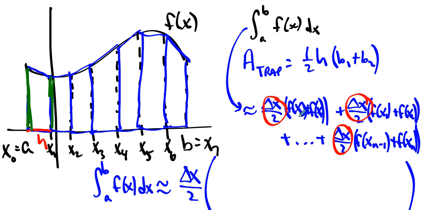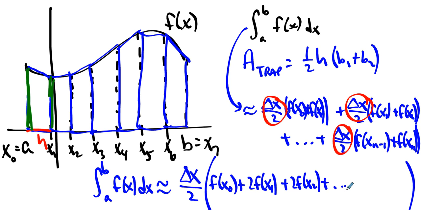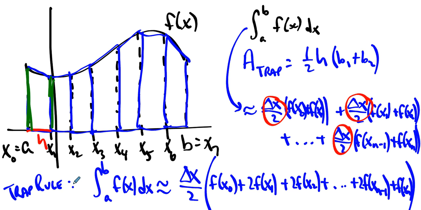And then there's an f of x0, there's an f of x1, and then another f of x1, and then there's an f of x2 and another f of x2, and then there keeps on being two f of x's until there's two f of the next to last one and one f of the end. This is the trapezoidal rule. It is the trapezoidal approximation of a definite integral.